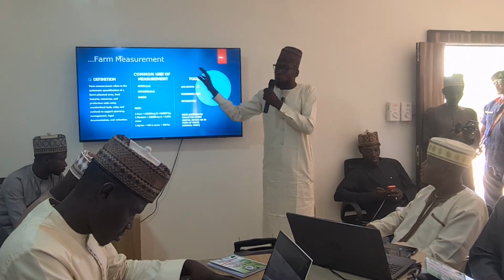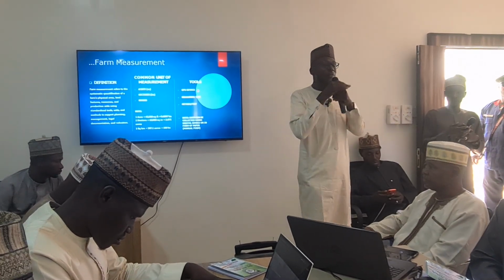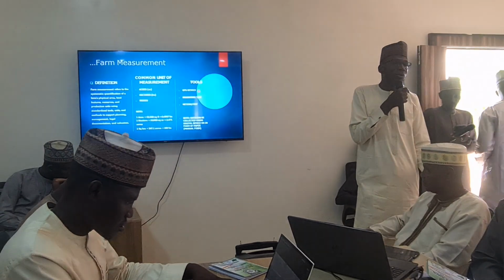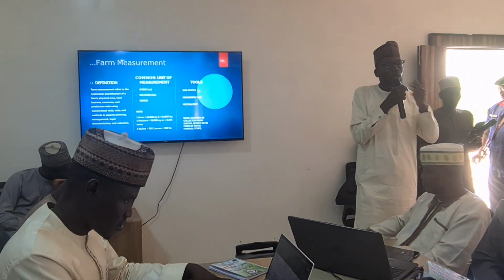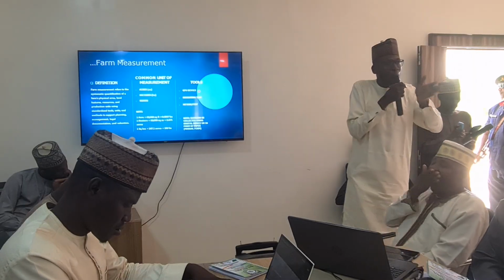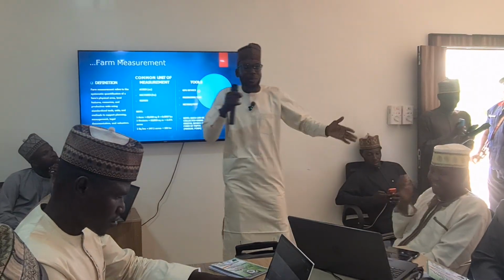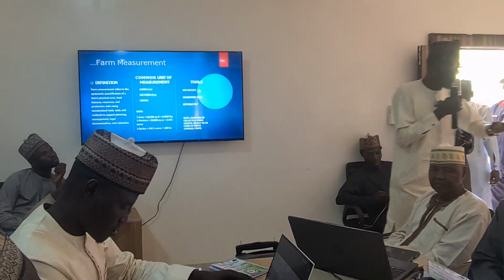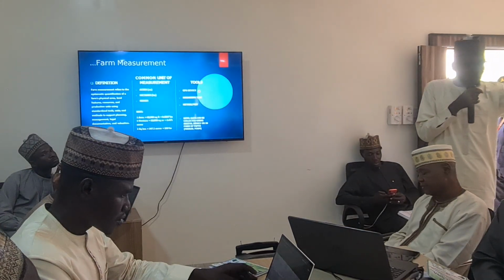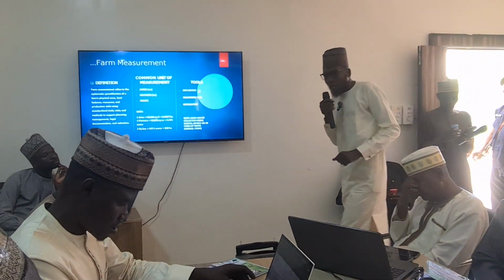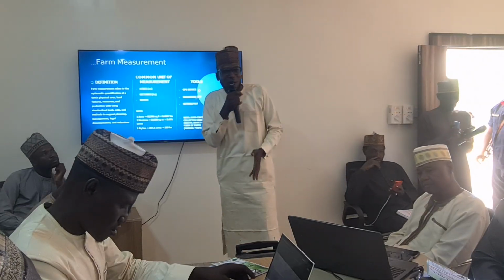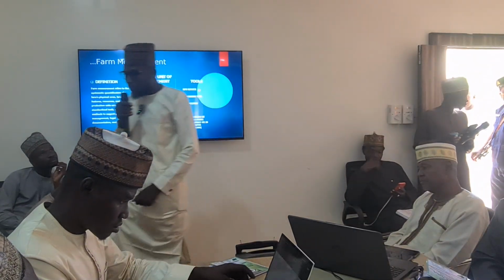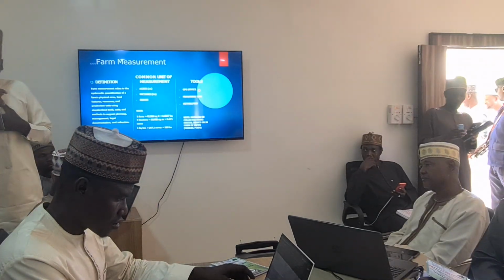Tools for farm measurement. Before we now measure a farm, we should make sure that the plot is not separated. Because for example, here I planted maize, and my farm is separated by a river, for example, and I also planted maize here, and it all belongs to me.